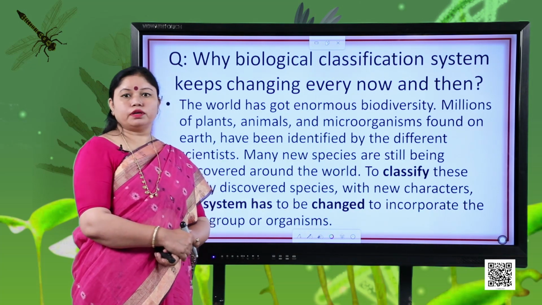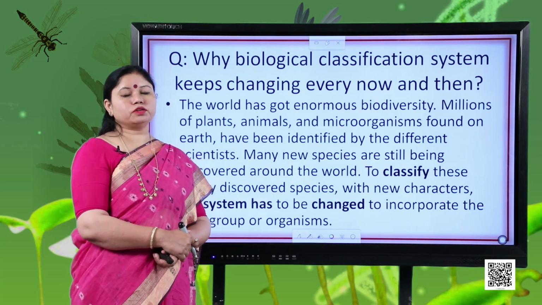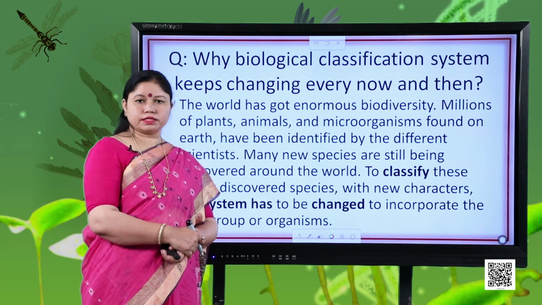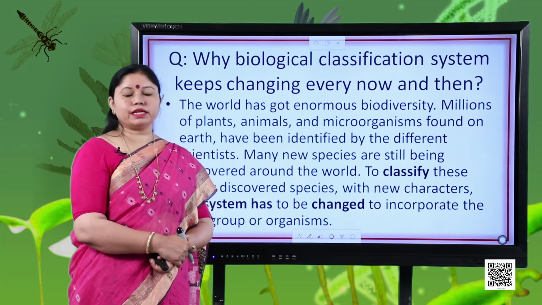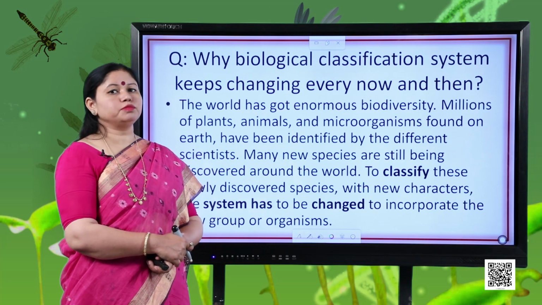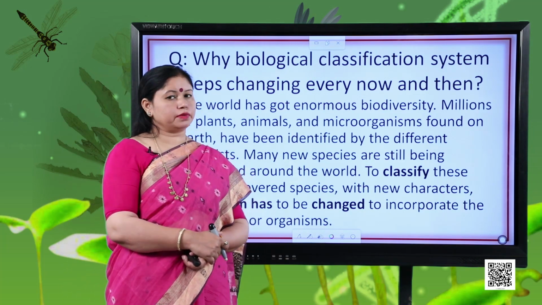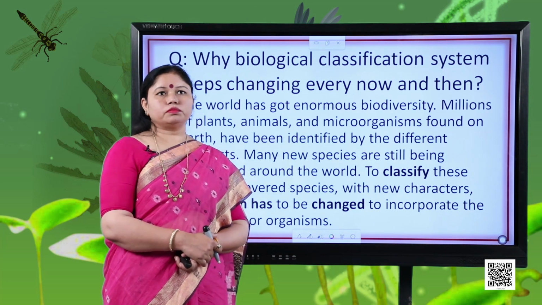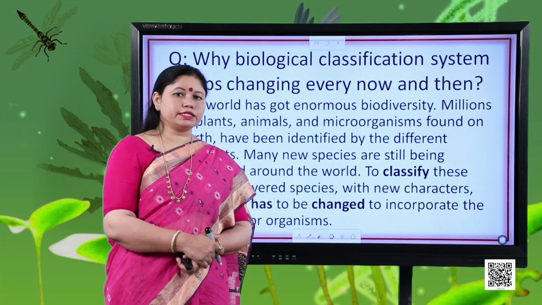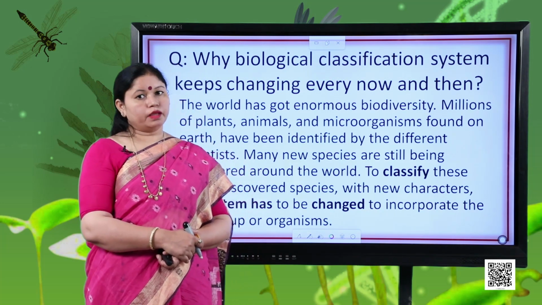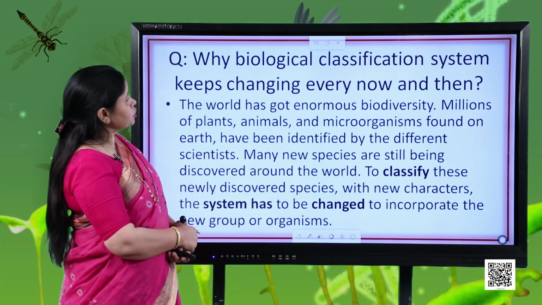After Aristotle, many more scientists have worked on the classification system, and as time has passed, many types of biological classification systems have come into existence. For example, 2 kingdom classification, 5 kingdom classification, 3 domains of life, all these types of classification you will learn in the next chapter.